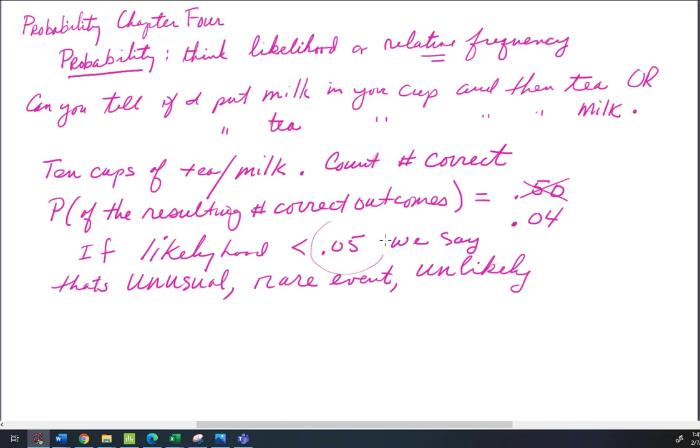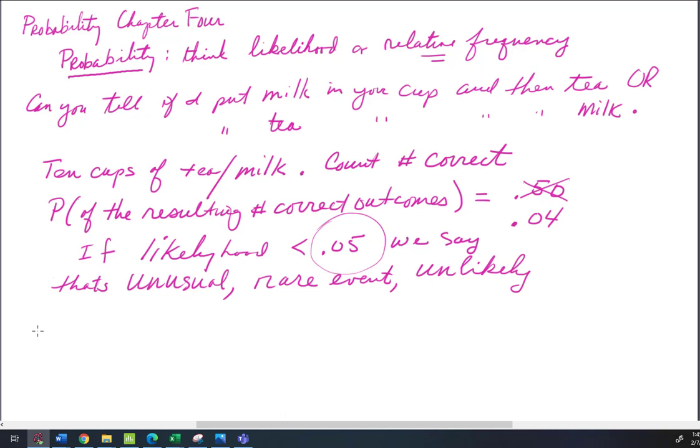And this 0.05 is a bit arbitrary, but almost all statisticians routinely use 0.05 as where events get unlikely to have happened. Now, again, all of this is a foreshadowing of things to come, but events with probability less than 0.05 are generally deemed unlikely events.